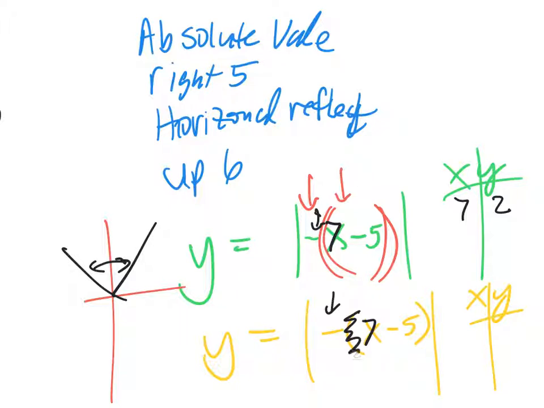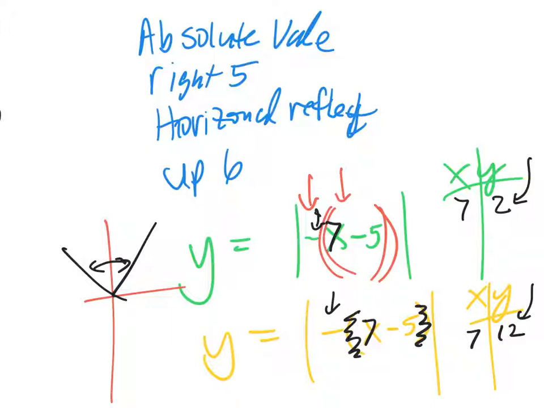What if it didn't have parentheses here? Wouldn't this be negative 7 minus 5? And negative 7 minus 5 means negative 12. So when I put in a 7, I got a negative 12, which absolute value of that is positive 12. They are different.